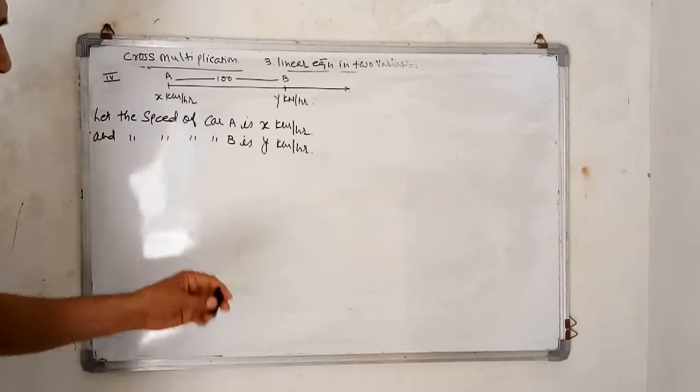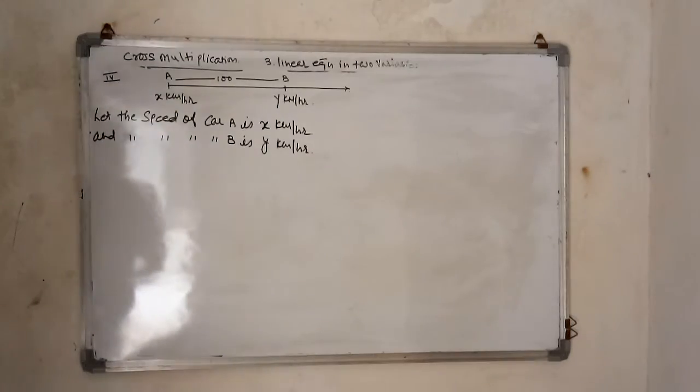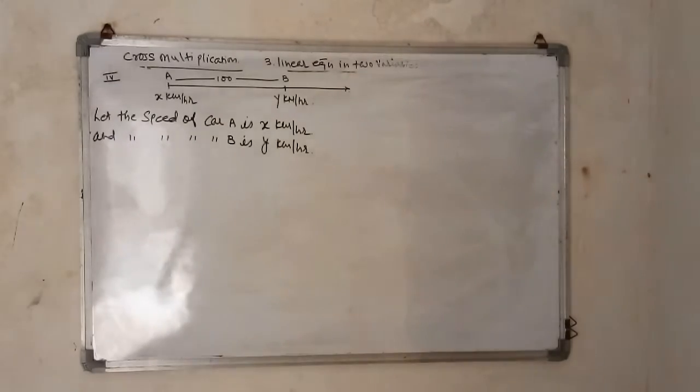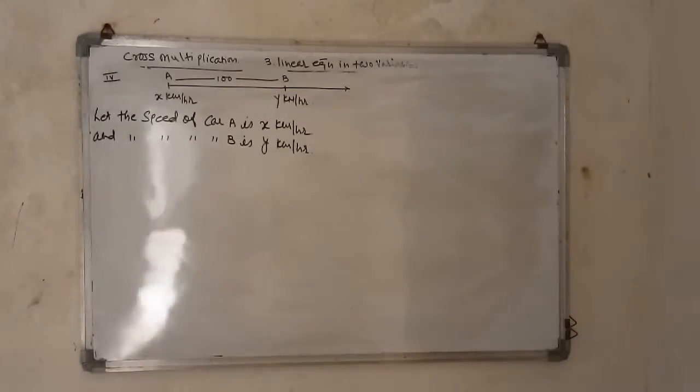Okay, so we are just assuming the speeds x and y, it is x kilometer per hour and y kilometer per hour.